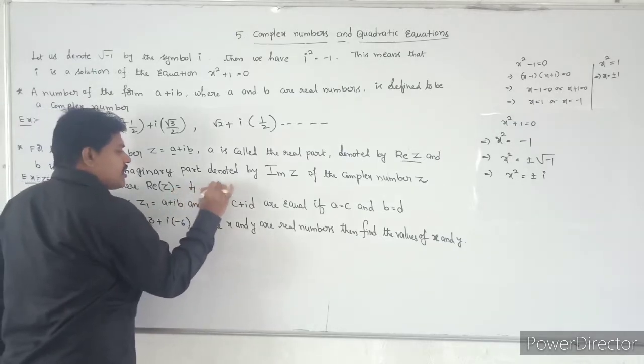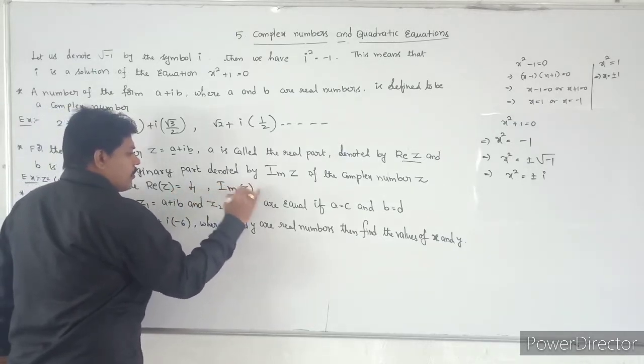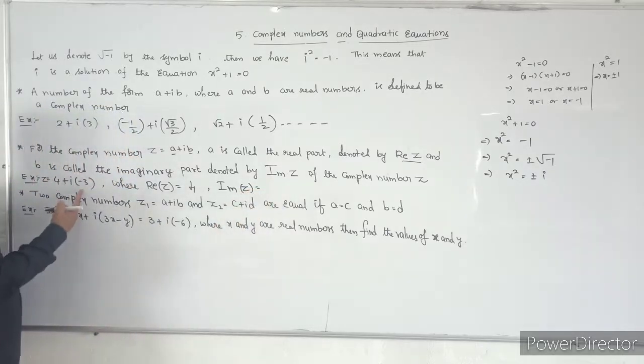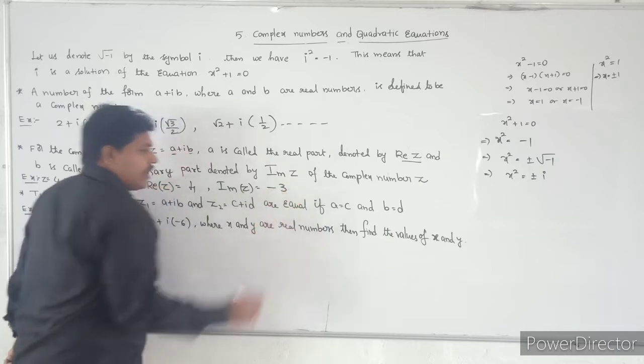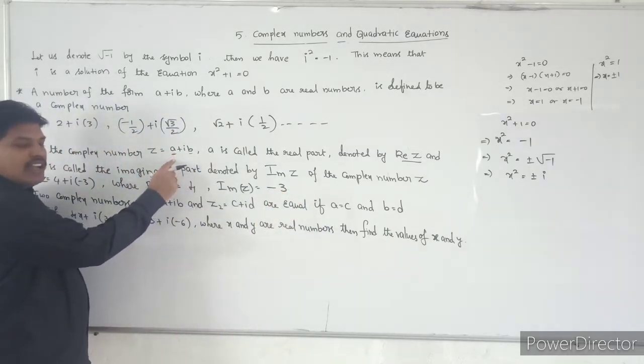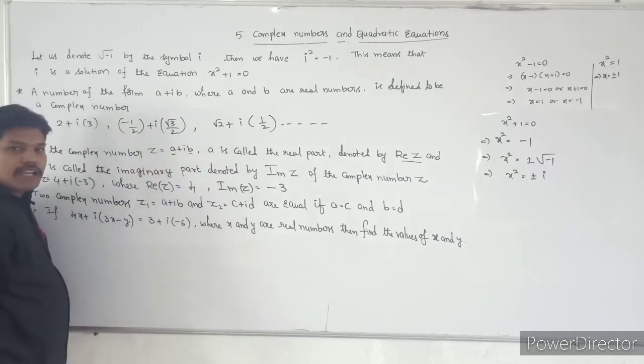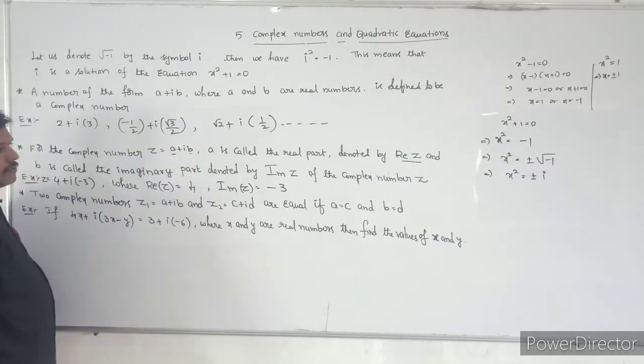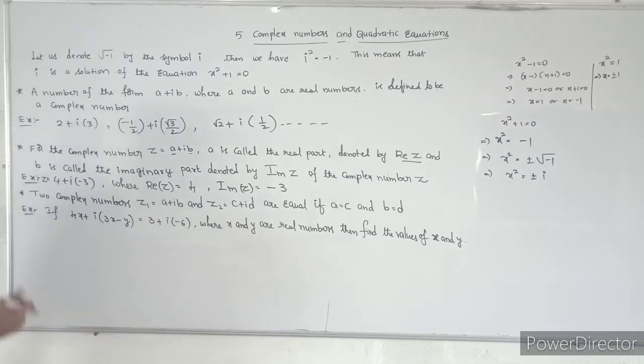And what is the imaginary part of z? The imaginary part of z is the i coefficient. What is the value? That is equal to minus 3. So in a plus ib, a is called the real part and b is called the imaginary part.